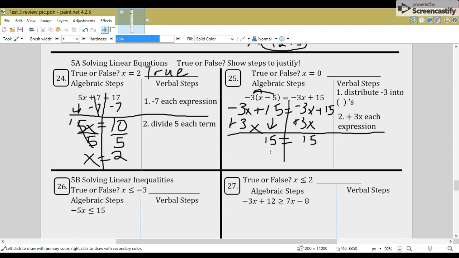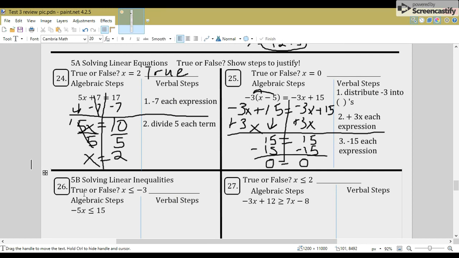Okay, the next step, we're going to subtract 15 from each expression to get all the constants on one side. So we have 0 equals 0. Now 0 equals 0 is always true no matter what. So your answer is not x equals 0, but infinite solutions.